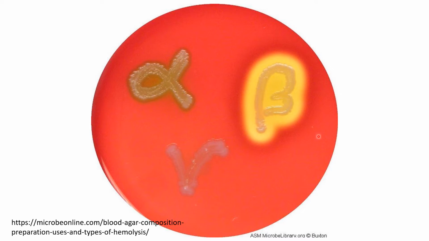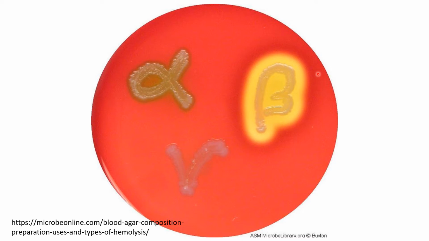Of course, blood agar encourages the growth of some bacteria such as streptococci. Take note also that some bacteria cannot be grown using blood agar plates, and those bacteria belong to the Neisseria group and Haemophilus group.